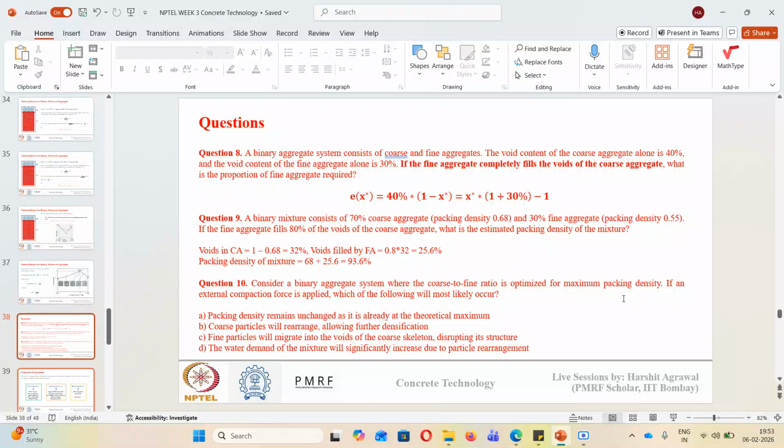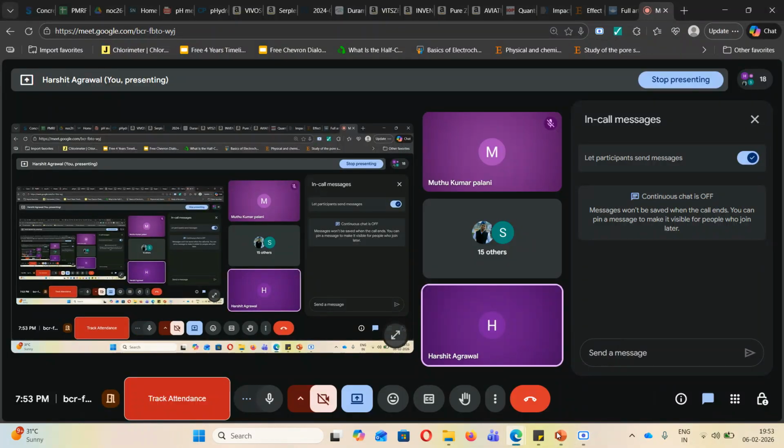We have already optimized the packing density, and above optimization, I am still applying some force, some rod. Using a rod, I am compacting the highly packed system. So will it cause a change in the packing density? Yes or no? Can anyone tell me?